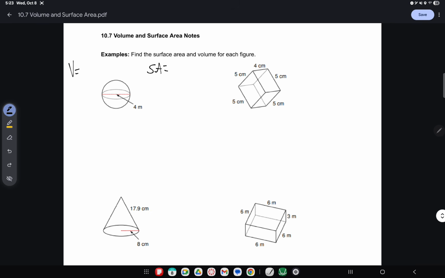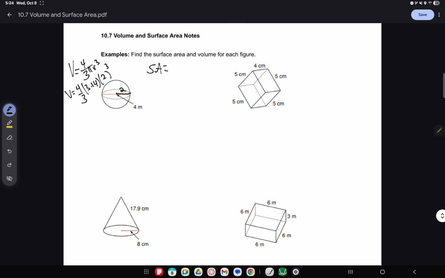But volume of a sphere is 4/3 pi r cubed. So it gives us the diameter is 4, which means the radius is 2. So volume is 4/3. We'll go ahead and throw in 3.14 for pi. And then r is cubed, so 2 cubed.